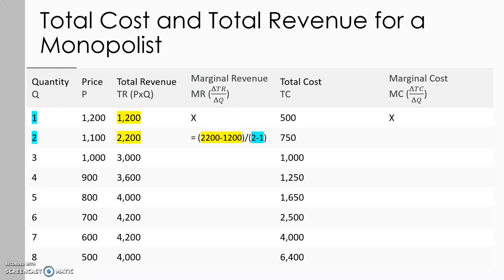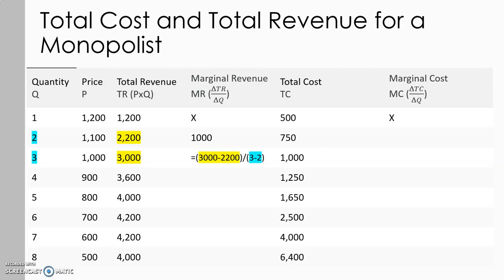For our second unit, we take our change in total revenue, that's highlighted in yellow, 2,200 minus 1,200, and we divide by our change in quantity, that's 2 minus 1. What's 2 minus 1? Right, it's 1. So 2,200 minus 1,200 gives us 1,000. Let's do this again. For our third unit, we take 3,000, we don't subtract the 1,200, we subtract the 2,200, the one right above it.